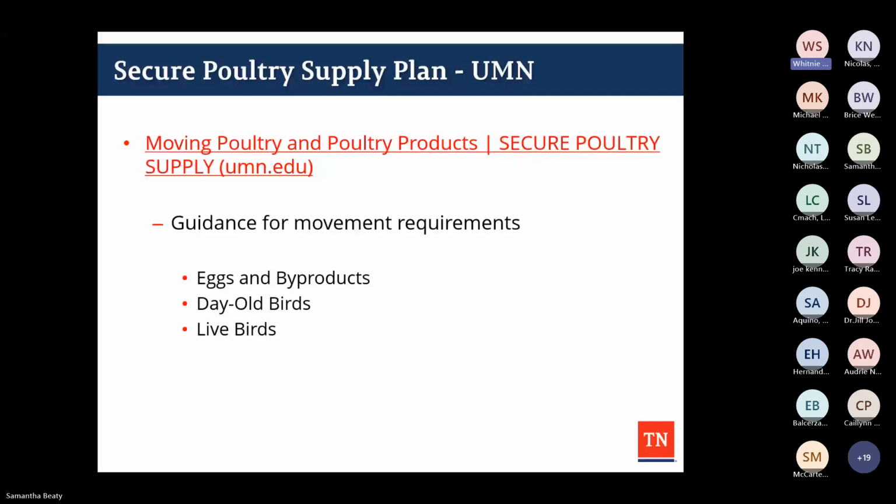They'll have it for eggs, egg byproducts, day-old birds, and then live birds, and they go into if it's a pullet movement, if it's a broiler to slaughter, or if it's a spent hen to slaughter, there's all the different types of guidance. And so that's what we would go through and make sure that you're following when you do a permit request, and make sure essentially that that's being done before we would approve that permit. Next slide.